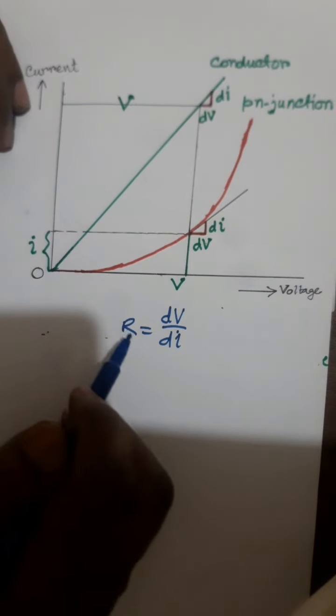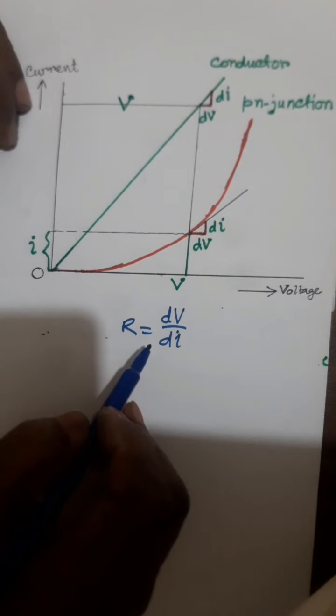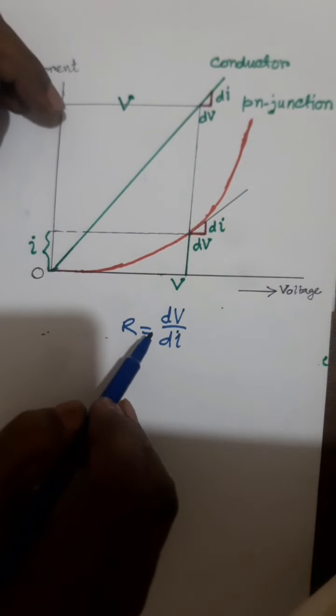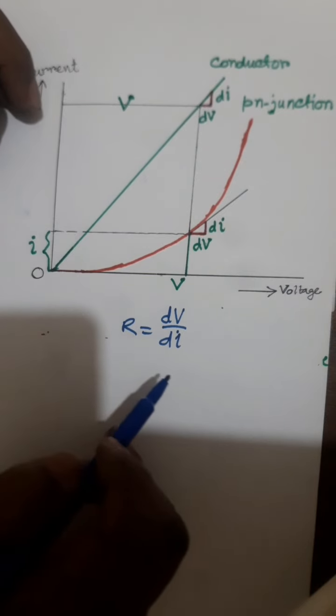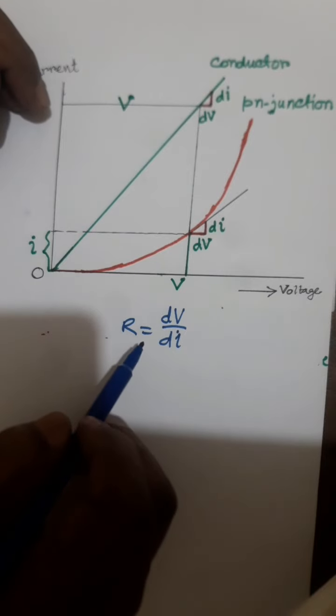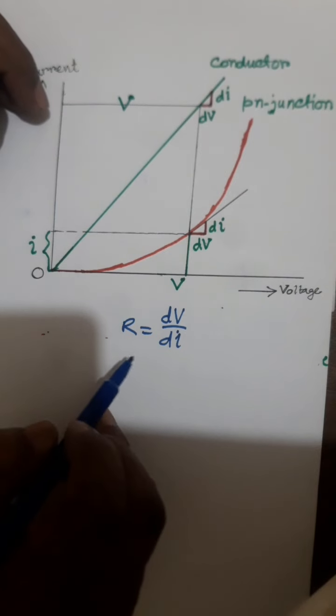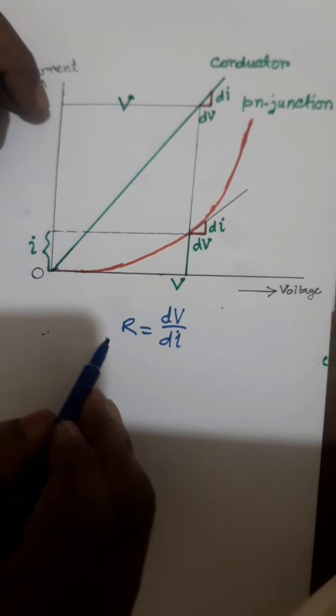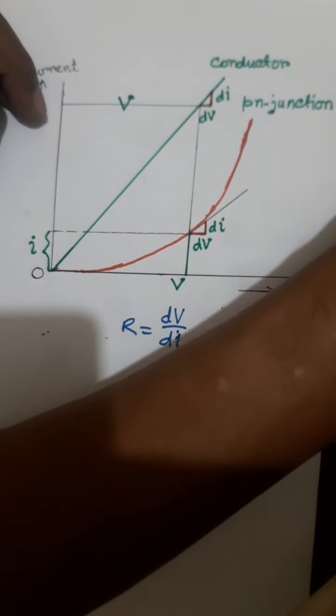R is a voltage dependent resistance. It is called variable resistance, also called dynamic resistance, and sometimes it is called AC resistance.